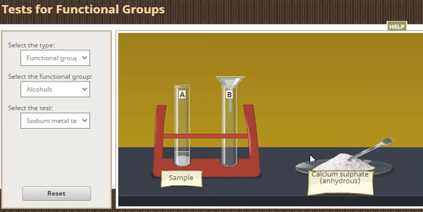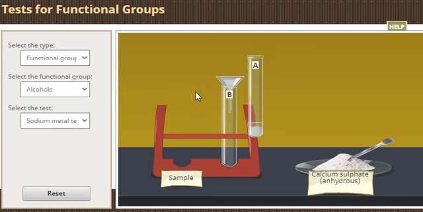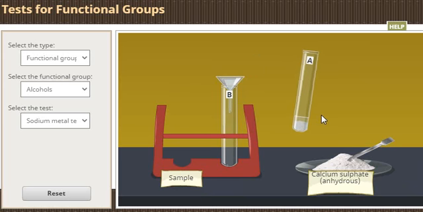Here we are using the calcium sulfate anhydrous to absorb the extra moisture which is present in the sample. Now shake test tube A, where the sample is present and we have added the calcium sulfate anhydrous.